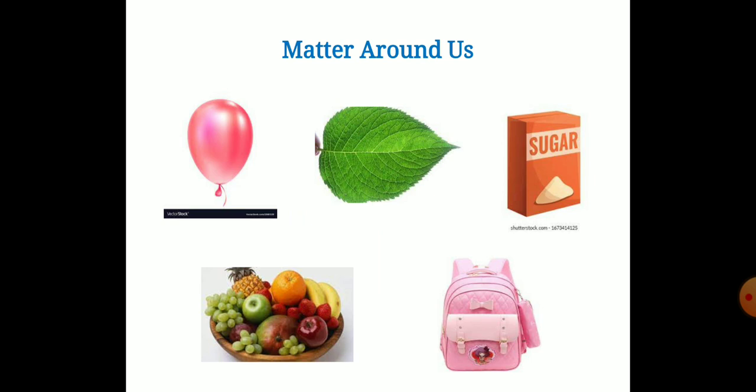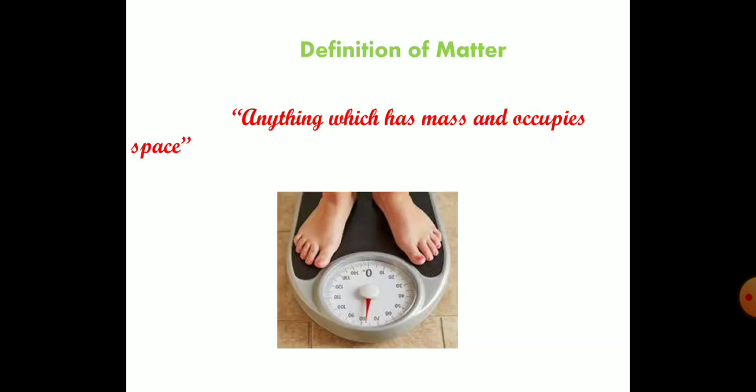Like these, we have so many things in our day-to-day life. We are using a pen, a pencil, an eraser, a pencil box, a book, table, chair. All these things possess mass as well as occupy a particular space. Now this is the definition of matter. How can we define matter? Read the definition.